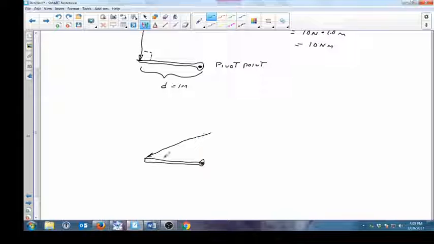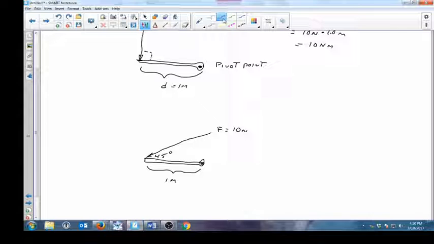Here's what you have to do. Here's our distance of the wrench. We'll keep it at 1 meter. We'll keep our force at 10 newtons. But we'll set this up to an angle of 45 degrees.